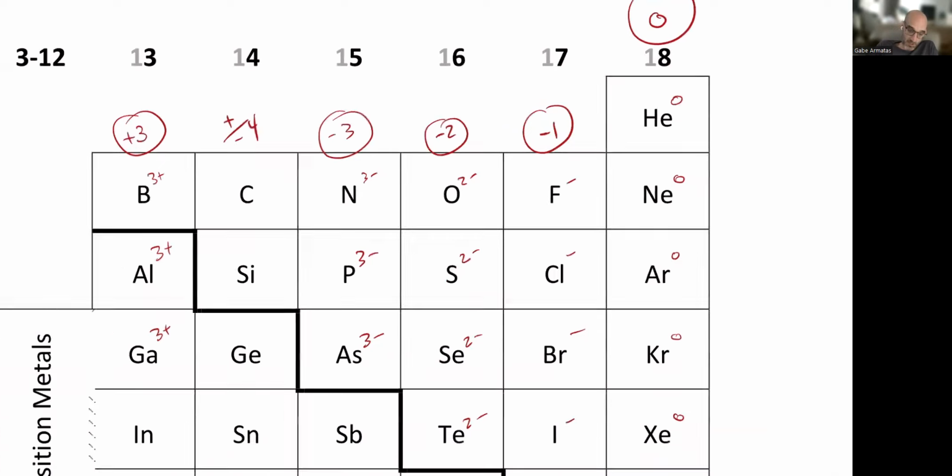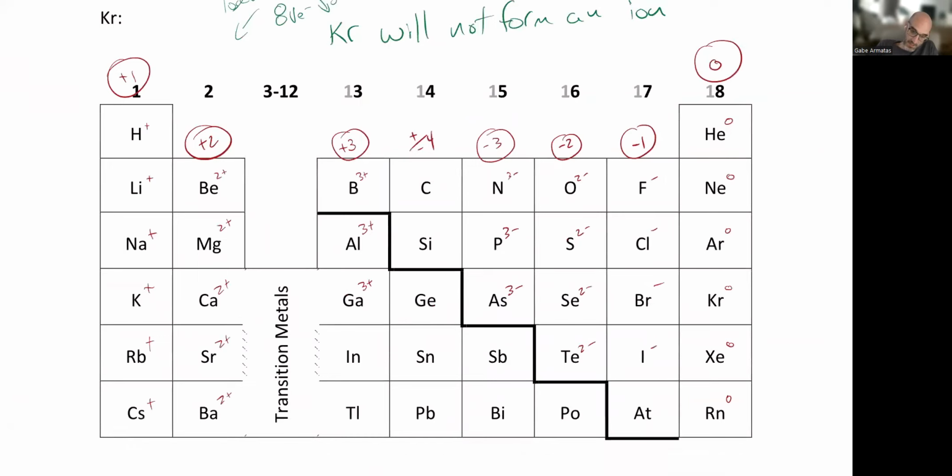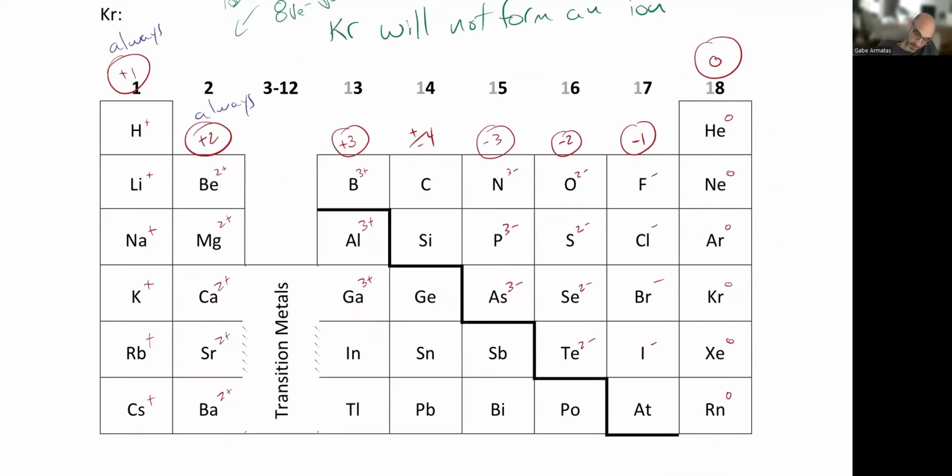So typically, as you are out near the edges, group 1 and group 17 love to form ions, and they'll always form those charged ions, right? So group 1 always +1, group 2 always +2. Group 17, pretty much always, group 16 mostly -2.